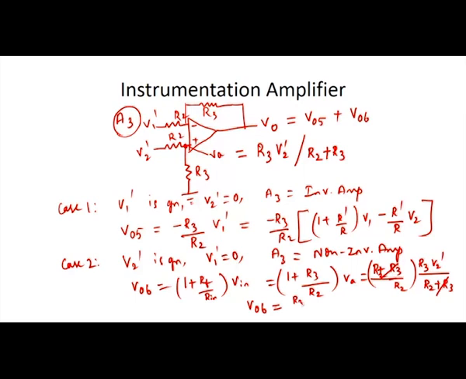So, it is R3 by R2 into V2 dash. V2 dash is 1 plus R dash by R into V2 minus R dash by R into V1.